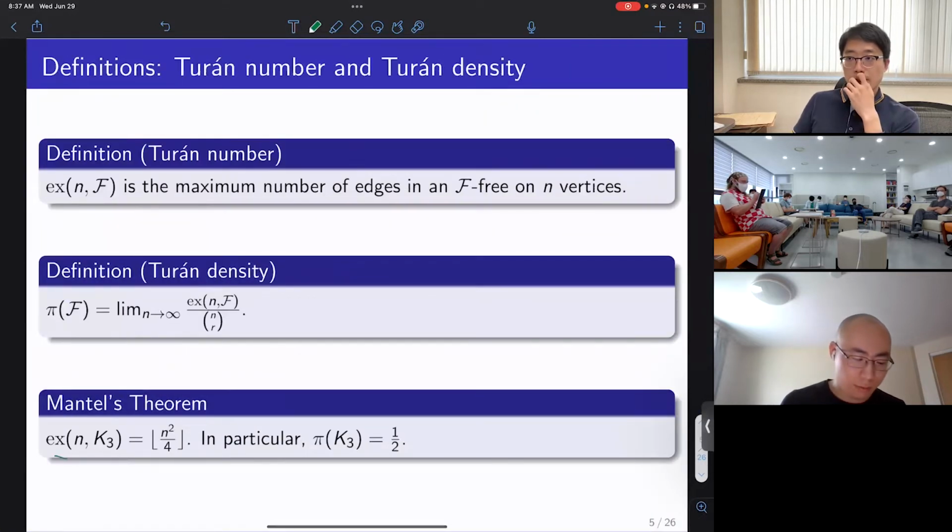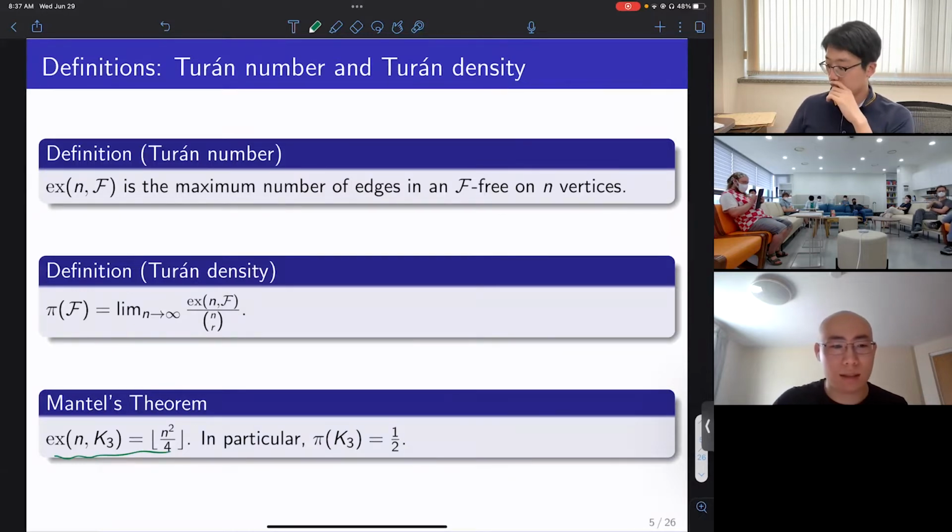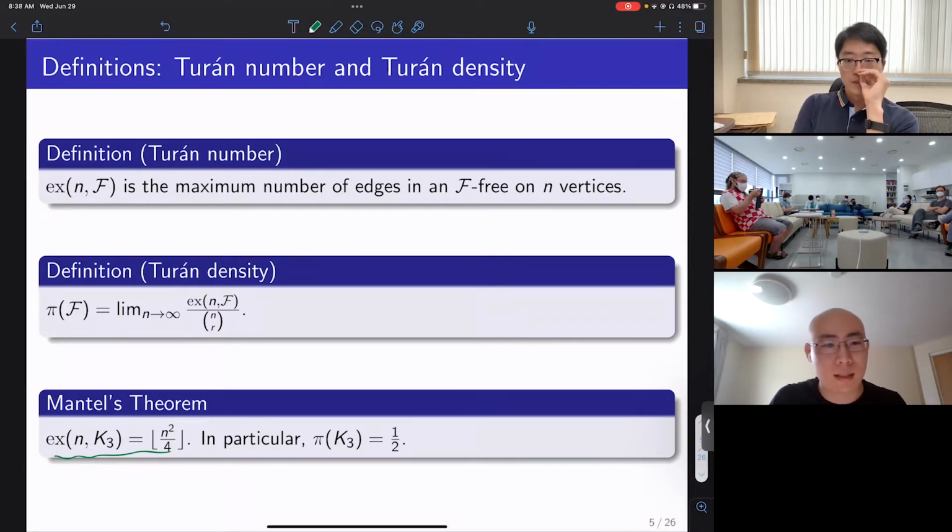So if we rephrase the Mantel's result using this equation, and if you take a limit, you will see the limit is a half. In the definition now, R is 2. So it's n squared over 4 divided by n choose 2. The limit is a half. When we're talking about a hypergraph, R will be 3.